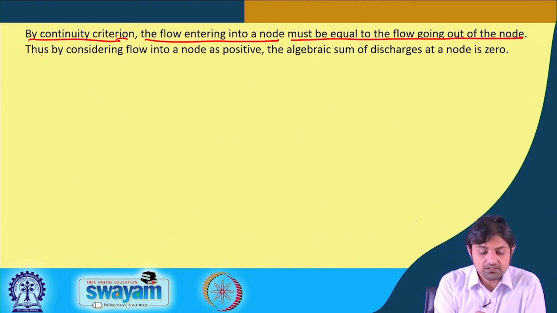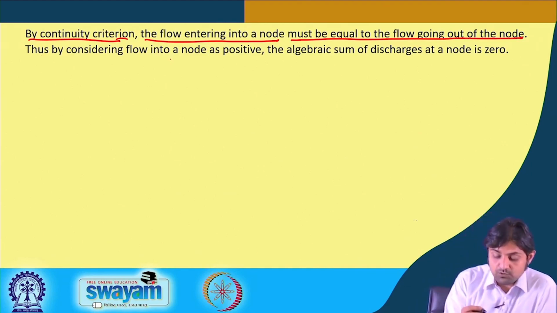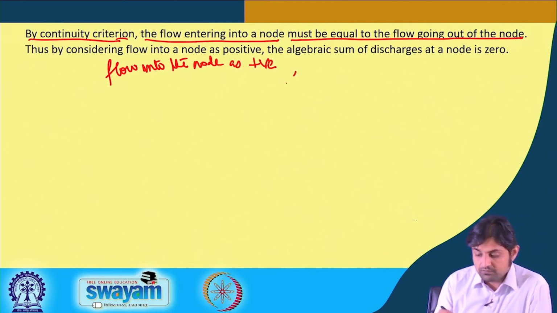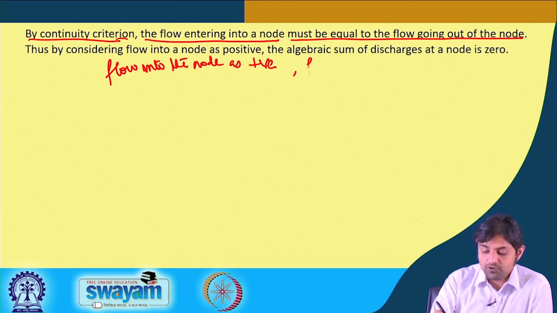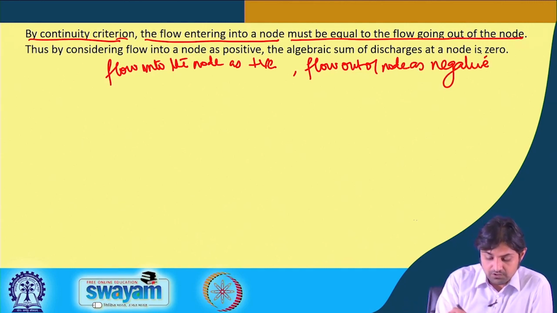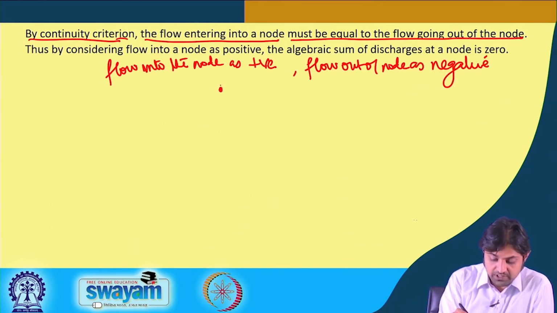Thus, by considering the flow, what we do is we consider flow into the node as positive and flow out of the node as negative.